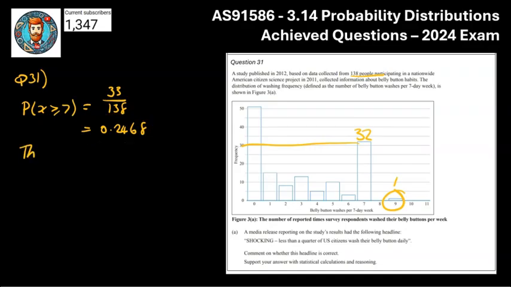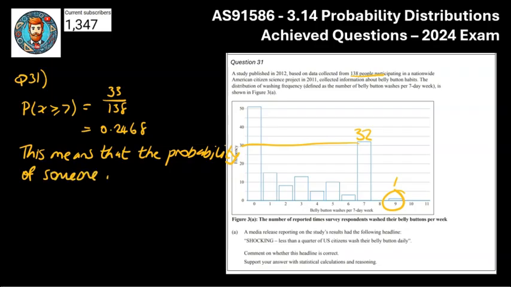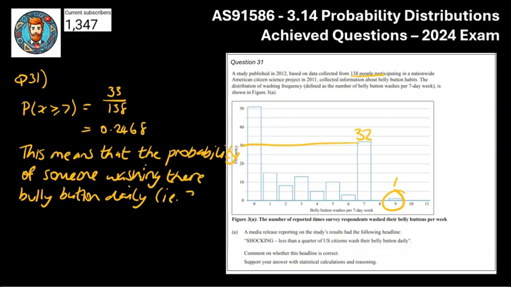So this number means that the probability of someone washing their belly button daily, i.e. 7 washes or more per week, is 0.2468. So that's just me explaining what my number means, and I've done that in a few of the questions in this video.